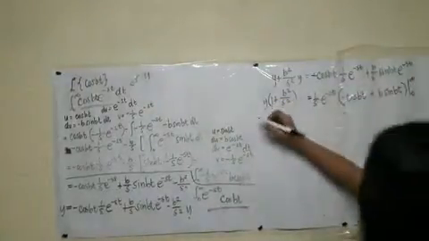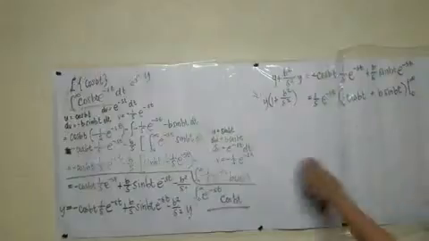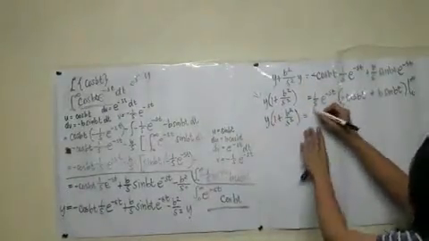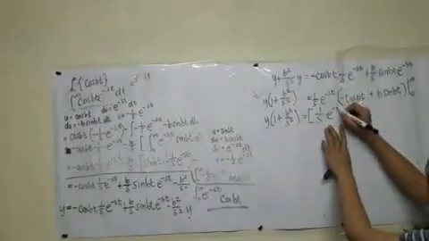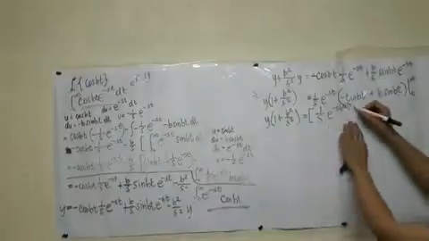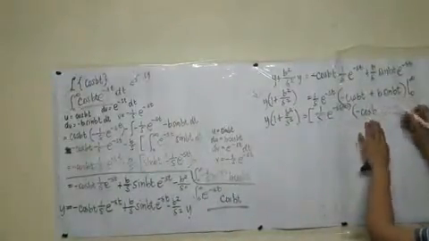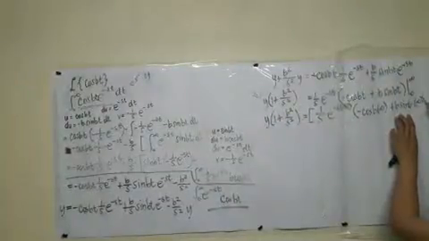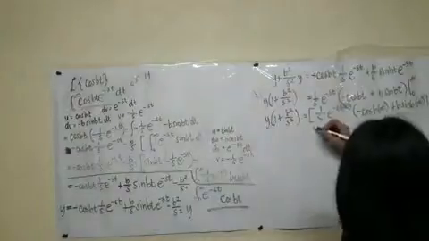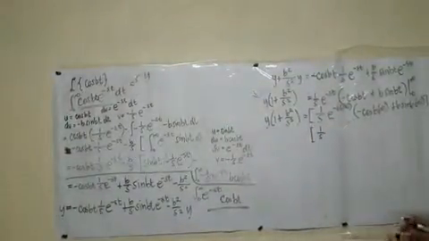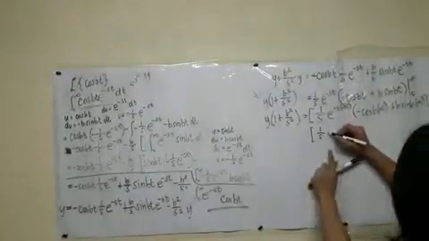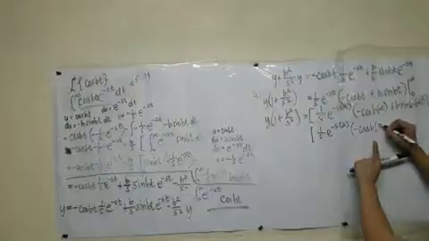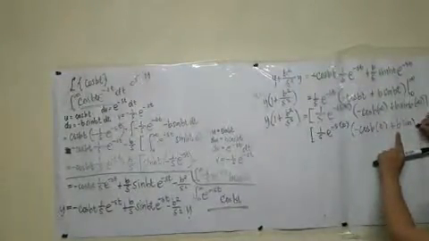So finding the limits of this term from 0 to positive infinity, we solve: 1 plus b squared over s squared equals 1 over s times e raised to negative s, higher limit which is positive infinity, times negative cosine of b times positive infinity plus b sine b positive infinity, minus lower limit, 1 over s e to negative s times the lower limit which is 0, negative cosine b 0 plus b sine b 0.